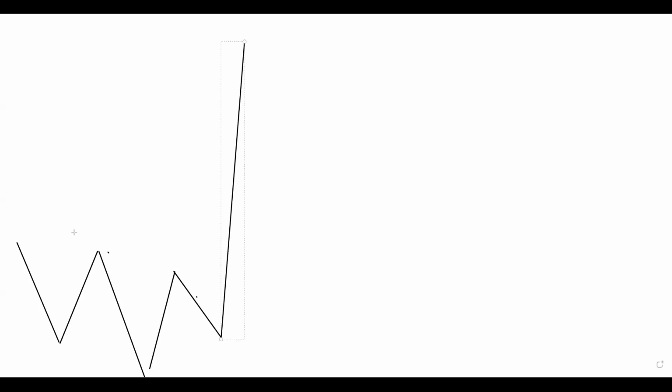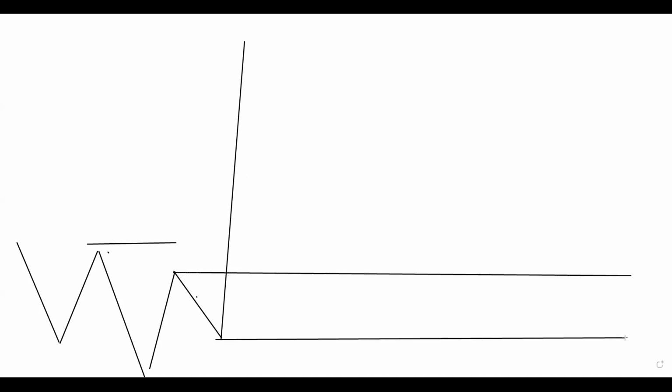Consider this a monthly time frame. We are having a shift, and also an inside formation. For example, this is my shift point, and this is my inside formation from the monthly time frame.